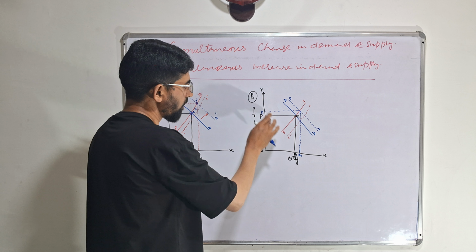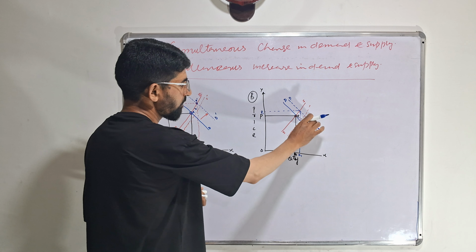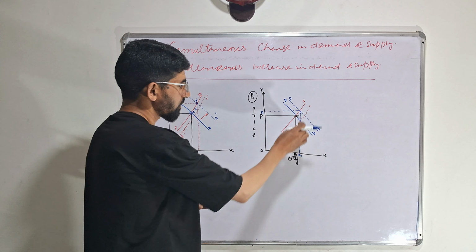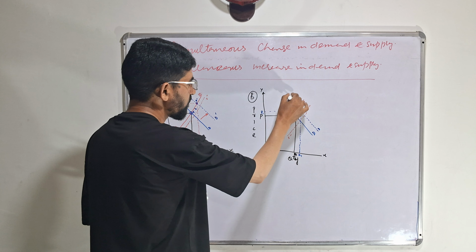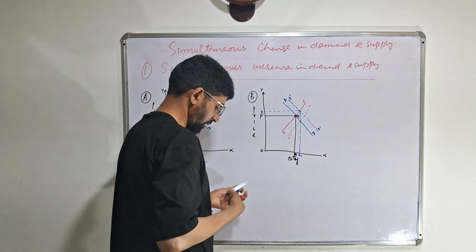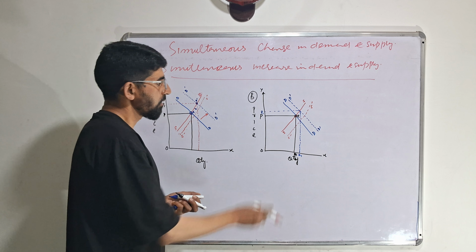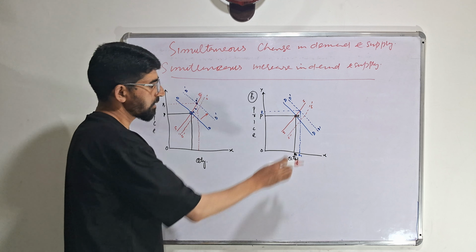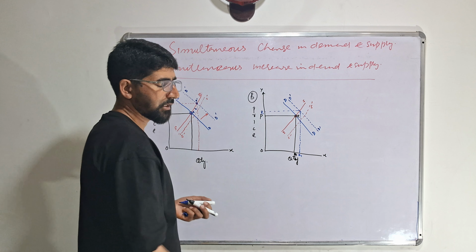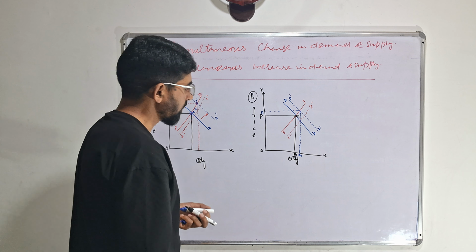As price changes from P to P1, price increases and quantity goes from Q to Q1, but the change in quantity demanded and quantity supplied is equal. The exact shift of the demand curve from D to D dash is equal to the shift of supply from S to S dash. Both the demand side and the supply side are changing equally.